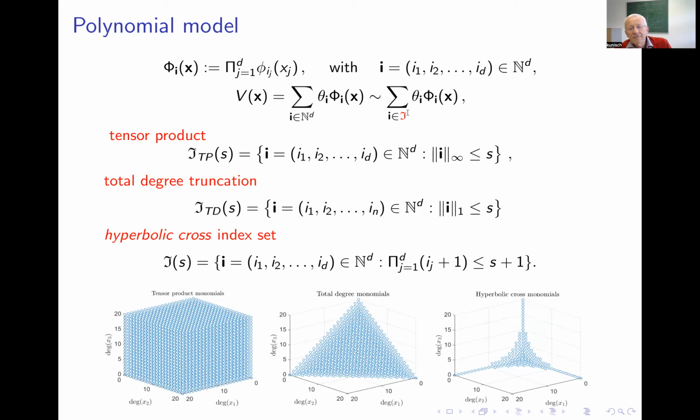Now let me spend a moment on telling you how we choose this index set.